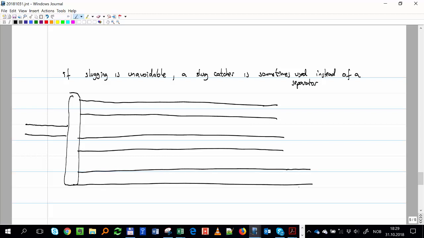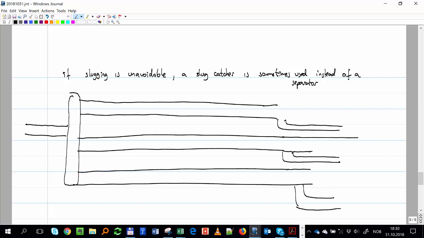After all of them, I have a drainage that will collect all the liquid, and one that will collect all the gas. So let me maybe put it here at the end. The gas will go up.